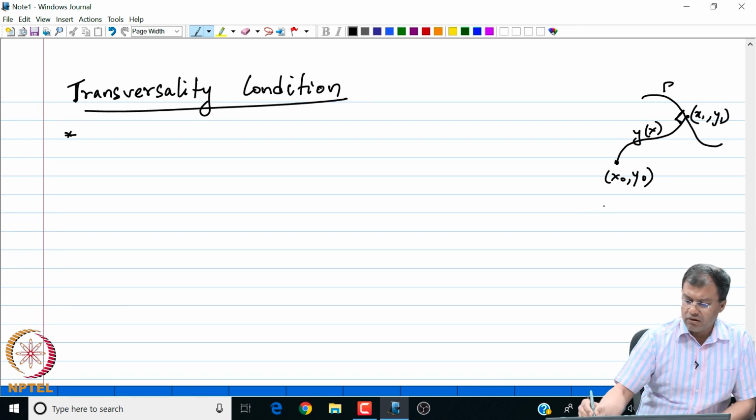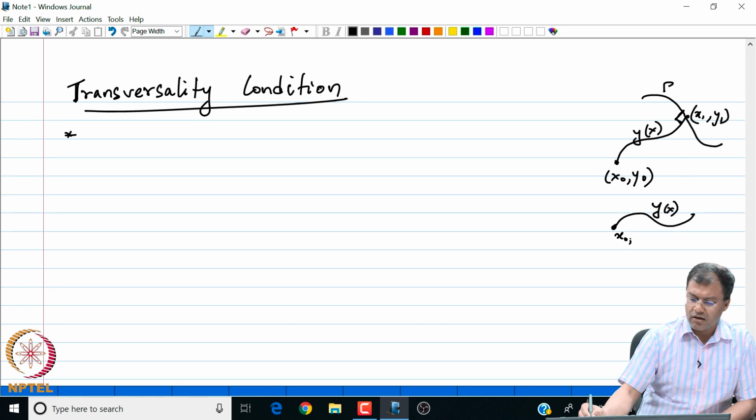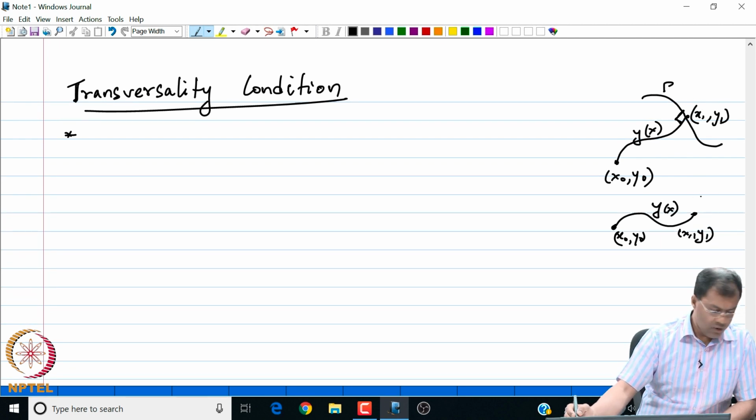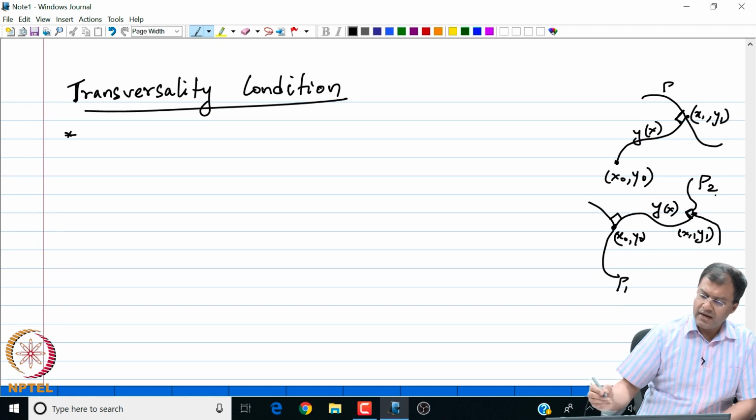Or we could also have a case where the extremal y of x has two endpoints, x naught y naught and x1 y1, on two specified curves gamma 1 and gamma 2, right.